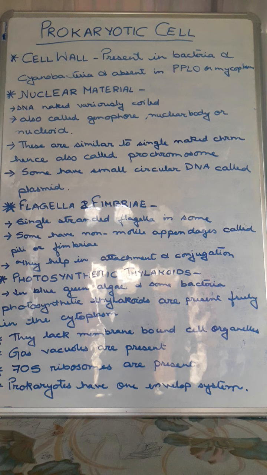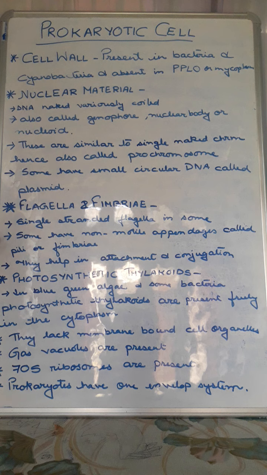Then flagella and fimbriae. Now if you have remembered the cell structure of bacteria, there we have a single-stranded flagella, isn't it? The flagella's main function is motility. That means it will help the cell for movement. But in some other cases, there are some non-motile appendages present, which are known as the pili or fimbriae.